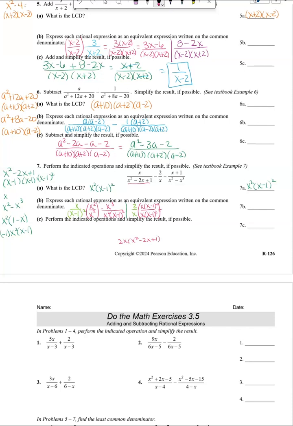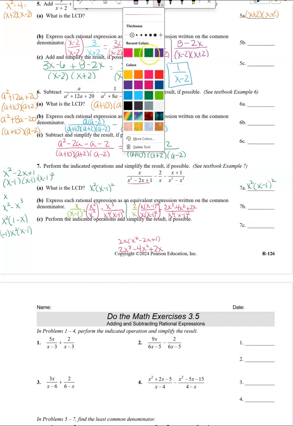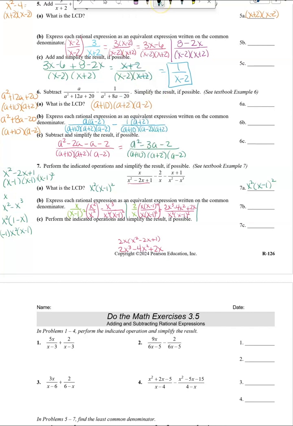So then that's going to give us 2x cubed minus 4x squared plus 2x. So that's what the top is going to equal: 2x cubed minus 4x squared plus 2x all over x squared, x minus 1 squared. Okay.